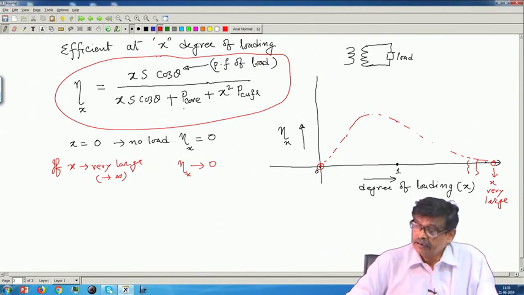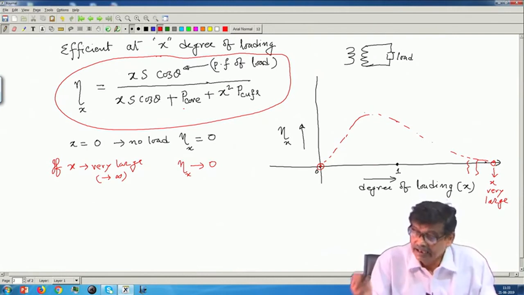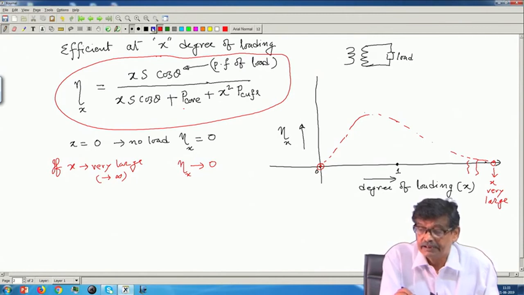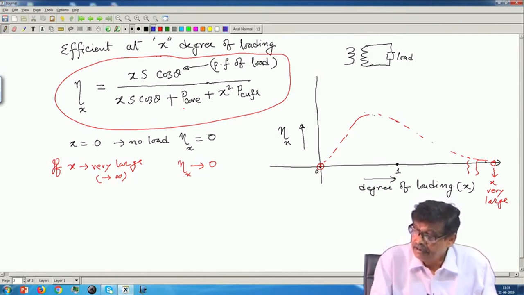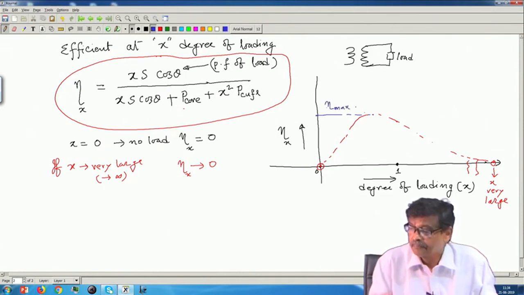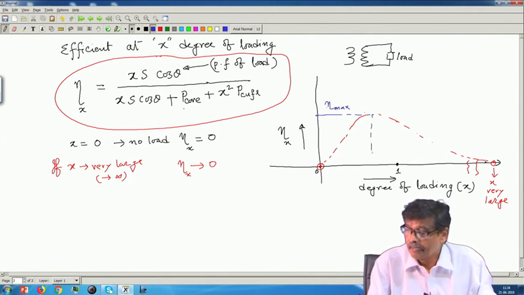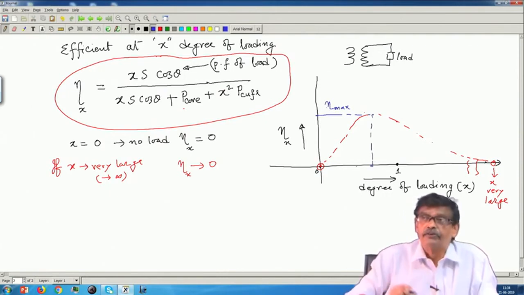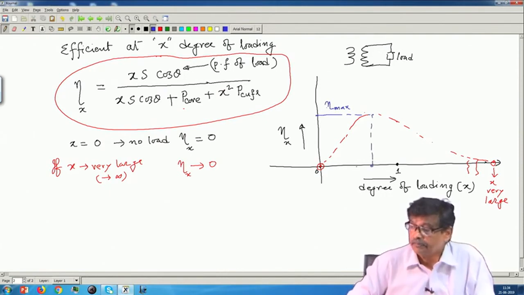In other words, what I am telling is, I would expect that efficiency will have some eta max at some degree of loading. Got the point?